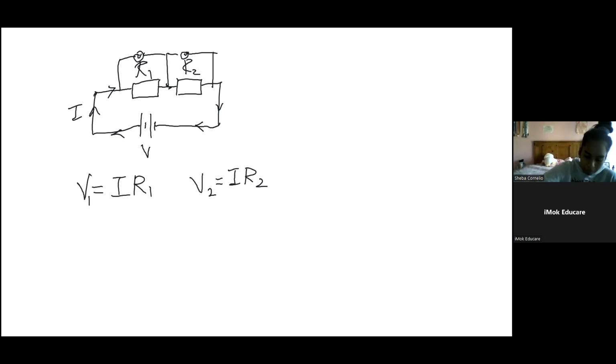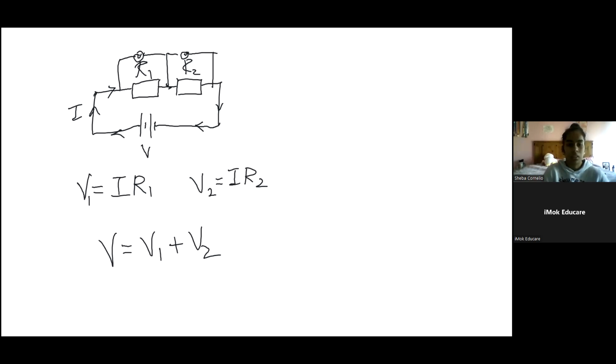We know that. Who is the main supremo who is supplying the total voltage? The cell. So the cell will provide you with both the voltages V1 and V2.